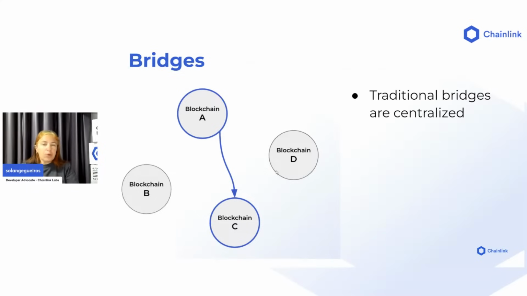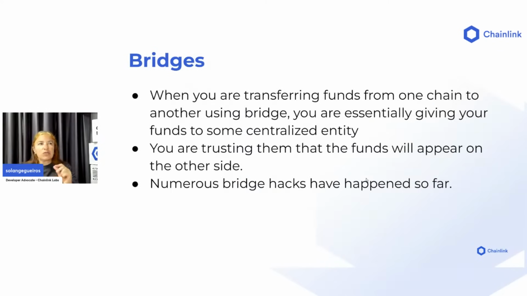And the first approach to have communication between blockchains is the bridges. But the traditional bridges are centralized. It means that when you are transferring funds from one chain to another using this bridge, you are essentially giving your funds to a centralized entity. And all the time we are telling you to have a decentralized system, so this is not the best.